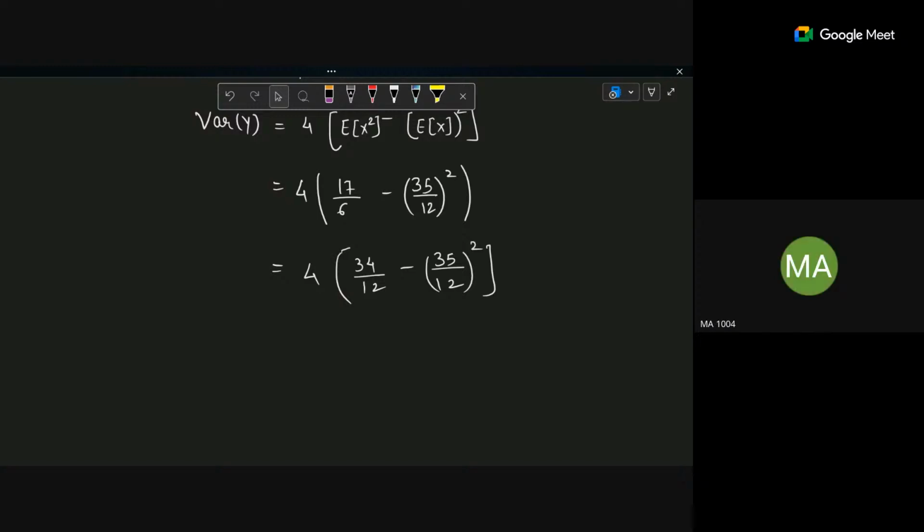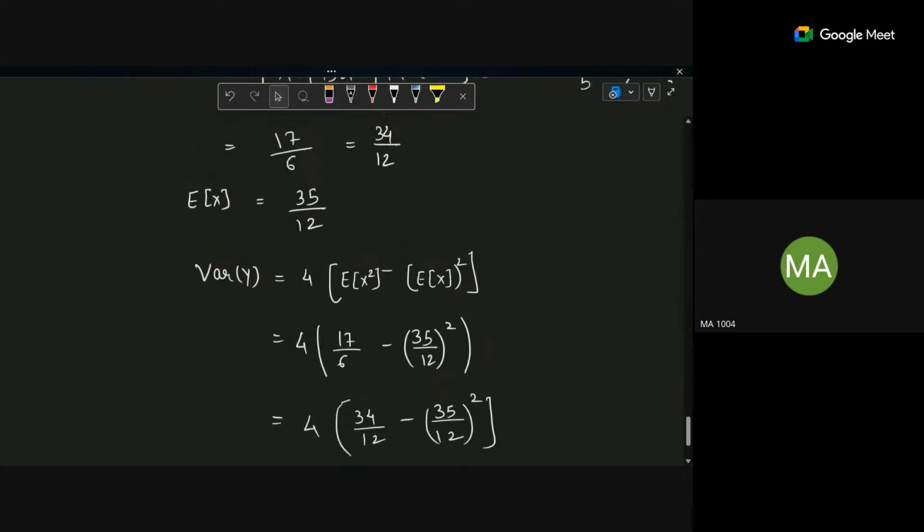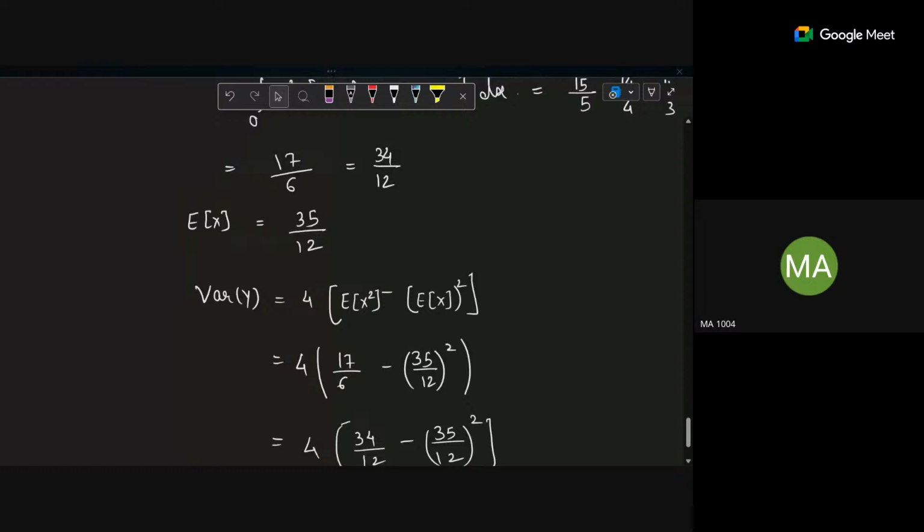So this is the calculation. Let me just check 40 and 15 as well. It may be possible that it is because we have changed the PDF, using the value of k. So maybe due to that we are getting this kind of stuff.